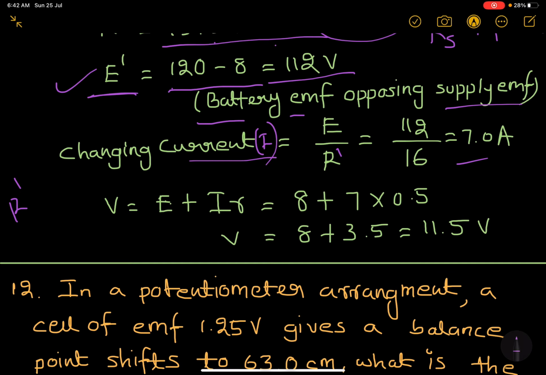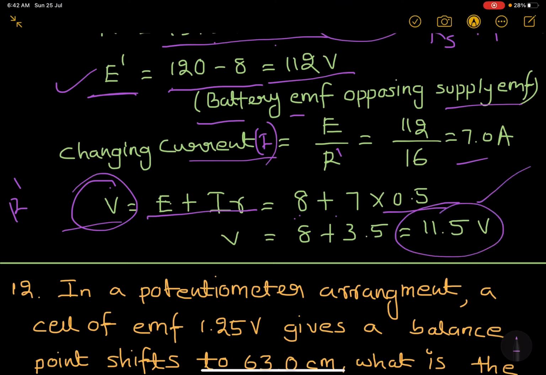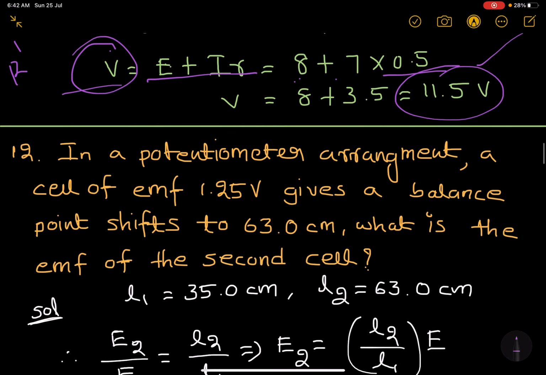Then for terminal voltage, the formula is E plus IR. We have E equal to 8, I equal to 7 amps, and internal resistance 0.5. Calculating, we get 11.5 volts of terminal voltage.